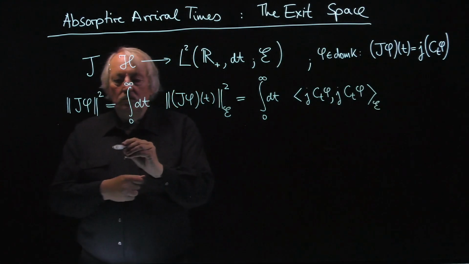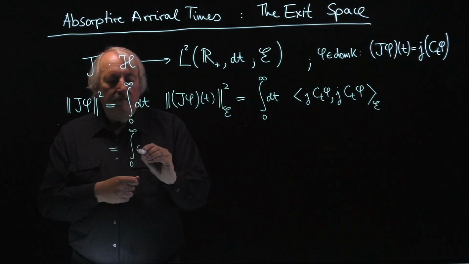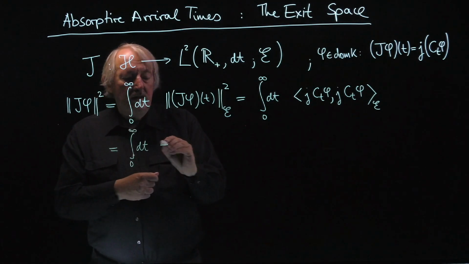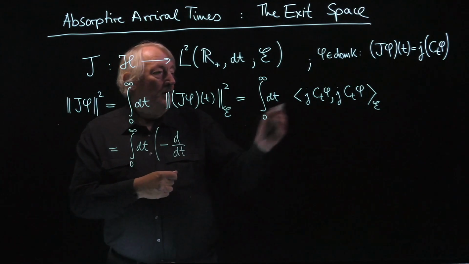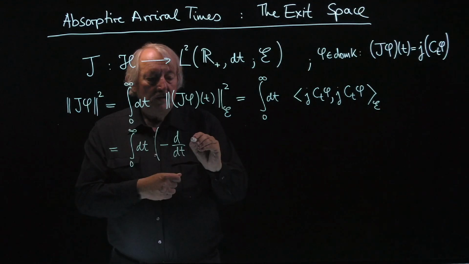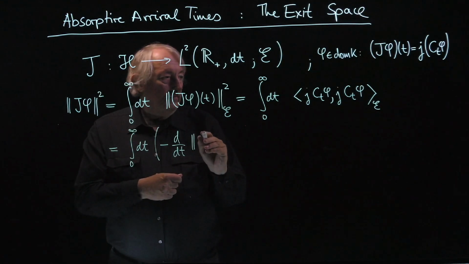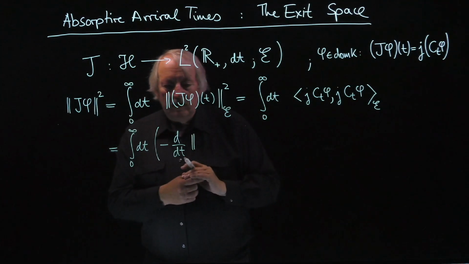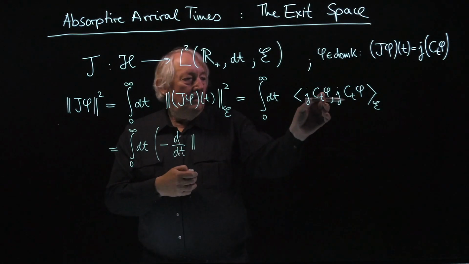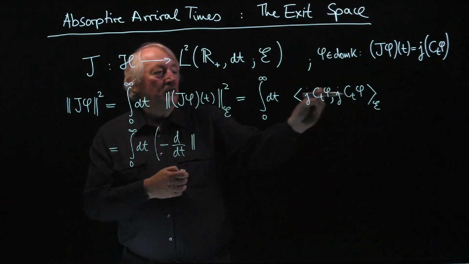So this is equal to the integral from 0 to infinity dt of minus d by dt of the norm of this. But I have to put in the vector c_t, and I have to differentiate with respect to an additional shift.